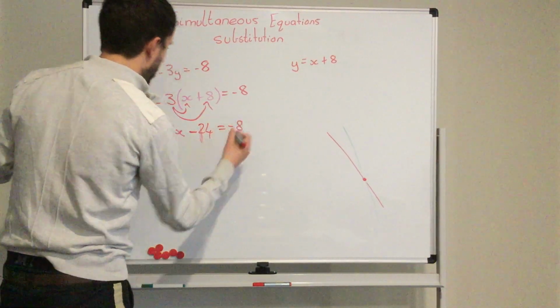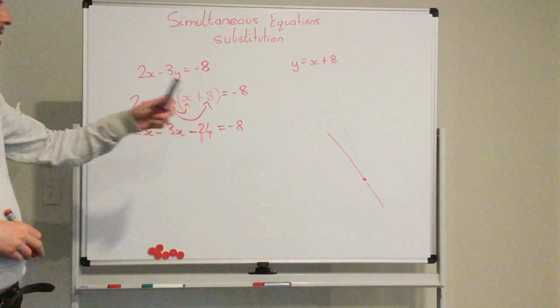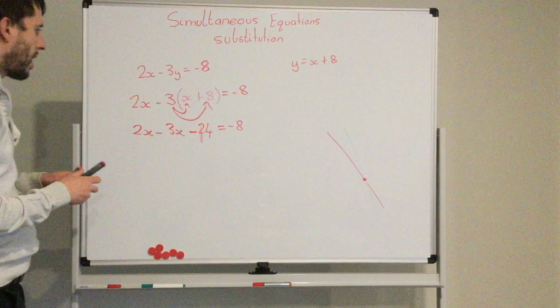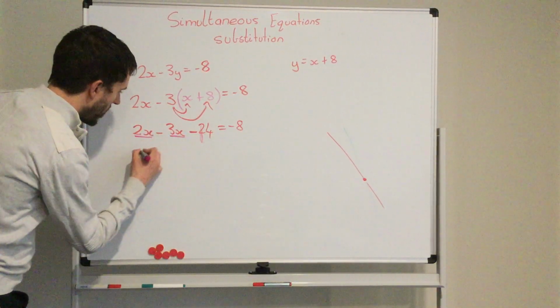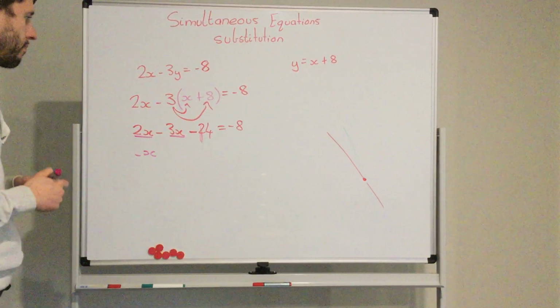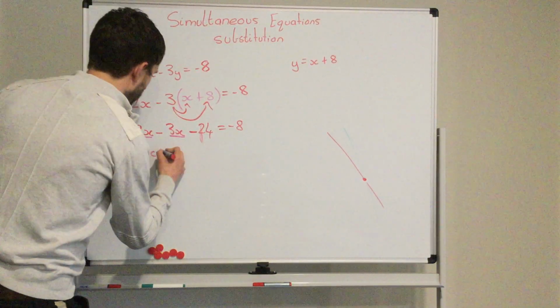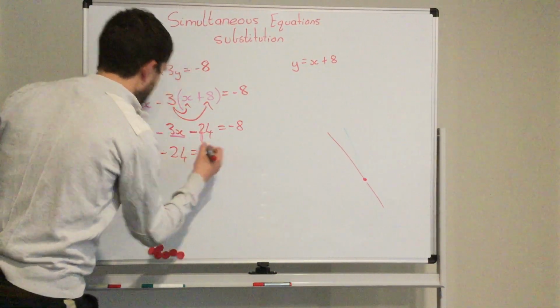Equals negative 8. Now we can simplify. 2x take 3x equals negative x, and then I still have negative, take 24 equals negative 8.